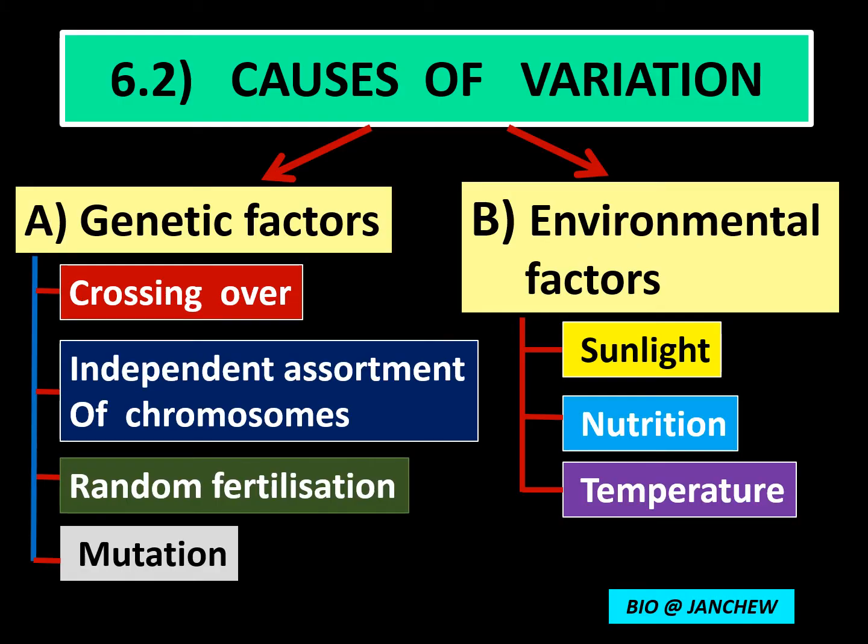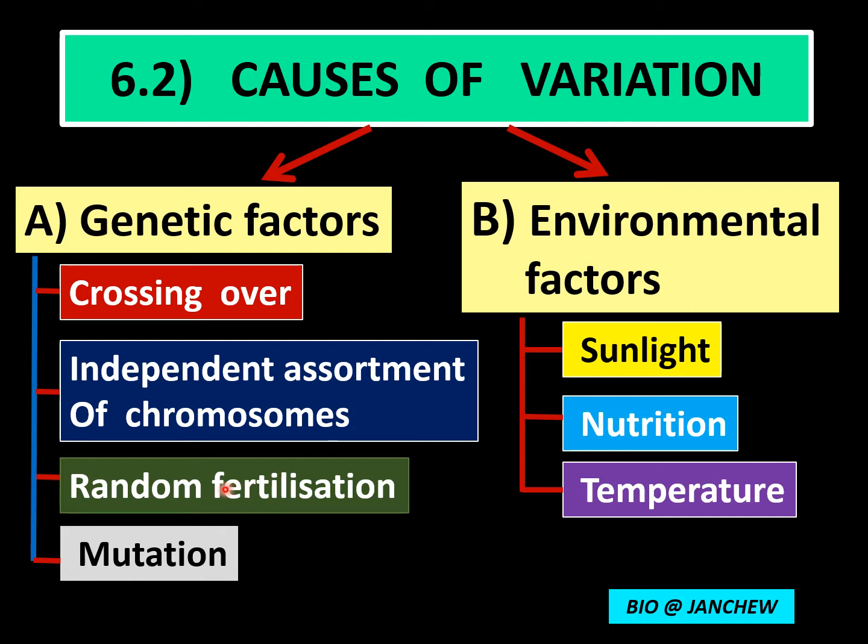Firstly, let's look at this overview of the causes of variation. So variation can be caused by genetic factors or environmental factors. Now, for genetic factors, the genetic factors that cause variation are the events involved in sexual reproduction. For example, in the formation of gametes, during meiosis 1, there's crossing over and independent assortment of homologous chromosomes.